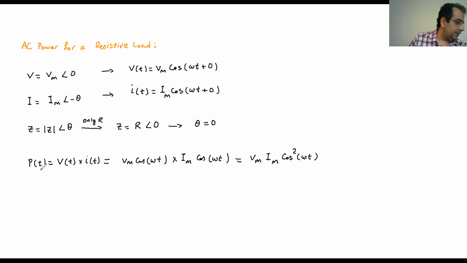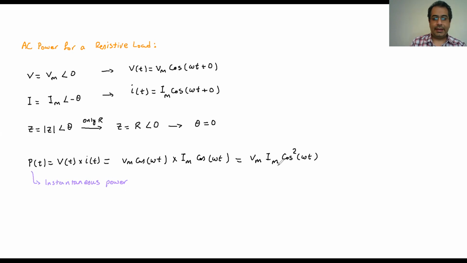And this power is the instantaneous power. It basically tells us how the power is changing with time. So it's a time-dependent power.